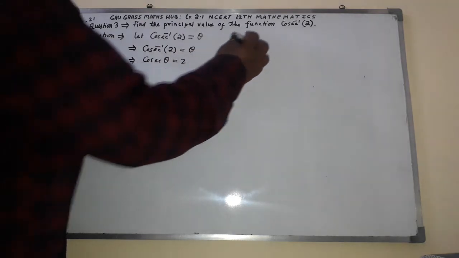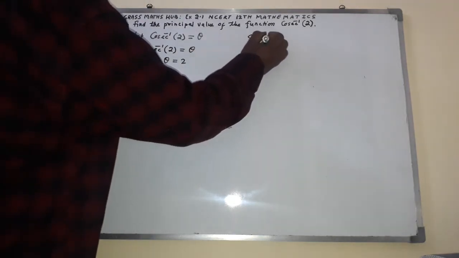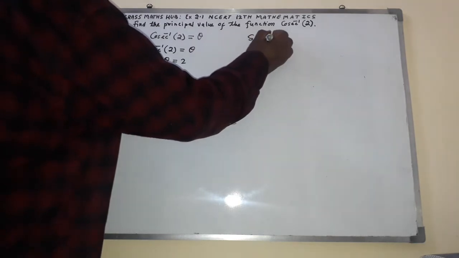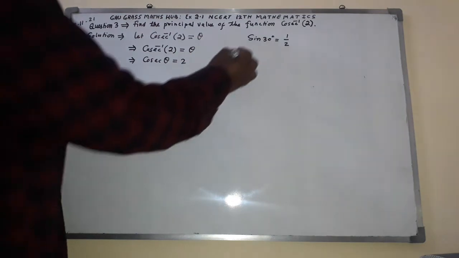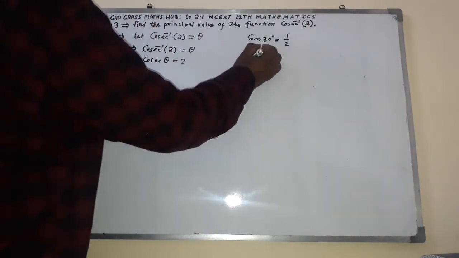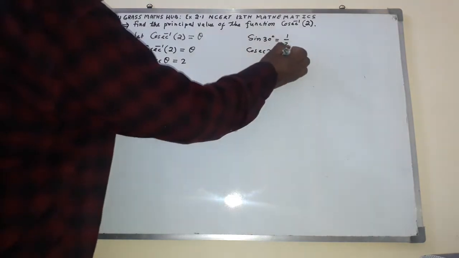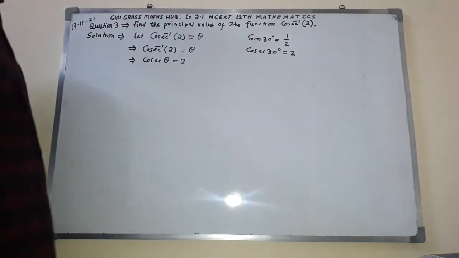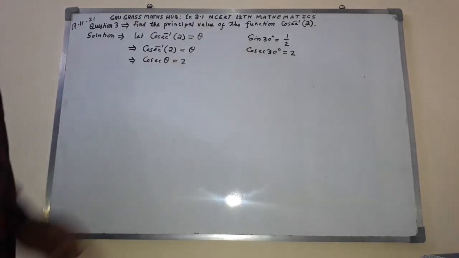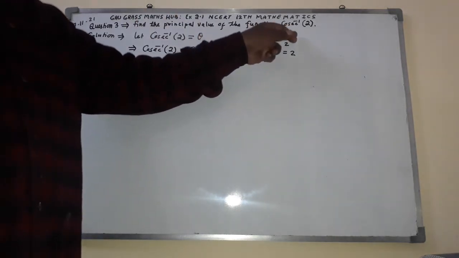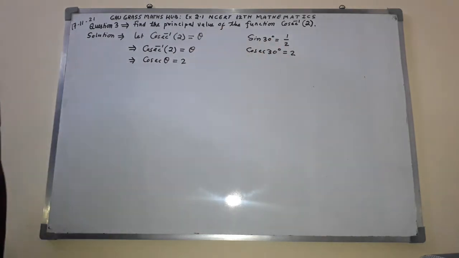Now we know that sin 30 degree equal to 1 over 2. Then cosec 30 degree equal to 2, because the inverse of sine gives cosec.